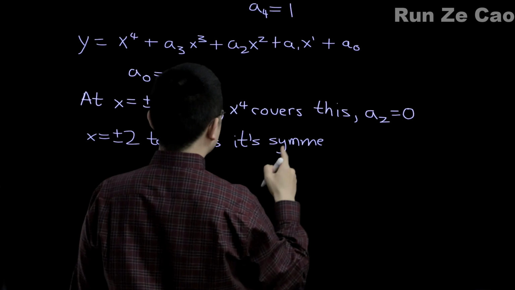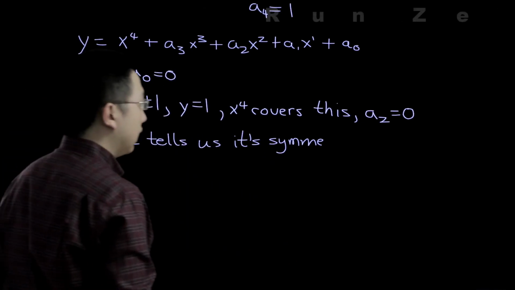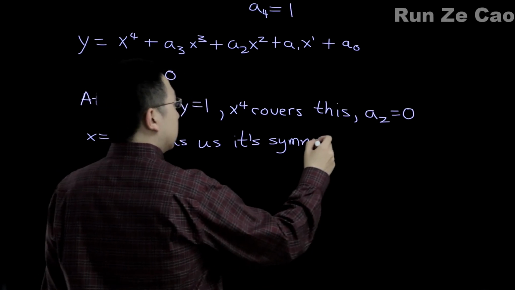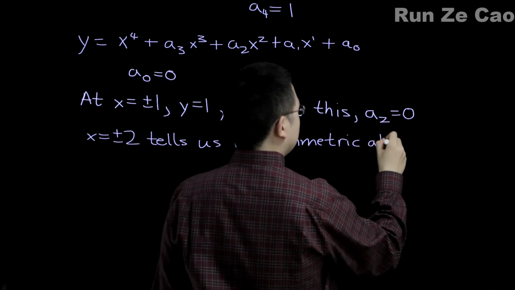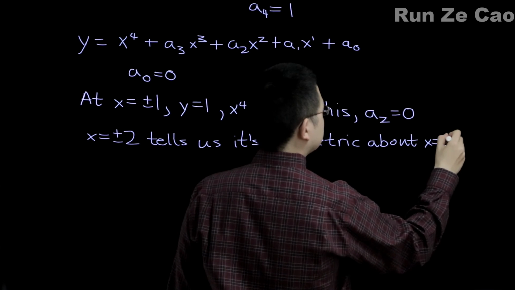Note that this only works when you stack it together with the first bit of information. x plus minus 1 is symmetric. Trick about x equals 0.